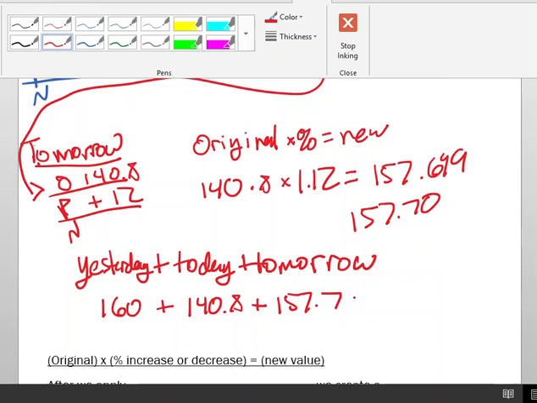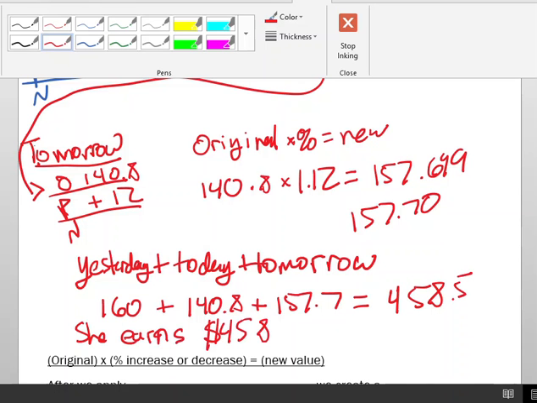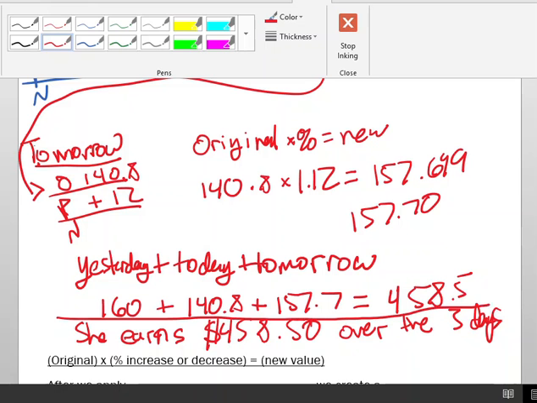And so my total that she earns over those 3 days is 458.5. So she earns $458.50 over the 3 days. Okay, and I'll put a little box around it. Oops. You'll put a much neater box than I did.